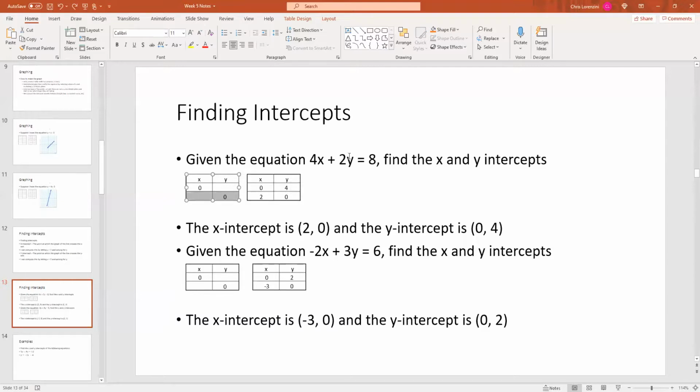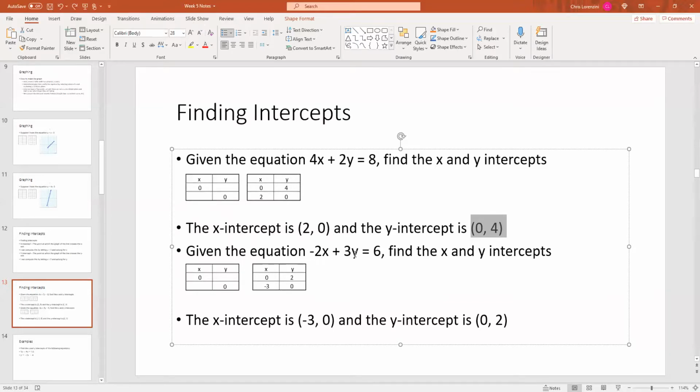When I let y equal 0, this term goes away because 2 times 0 is 0, and I get 4x is equal to 8. Divide both sides by 4, x is equal to 2, so the point 2, 0 satisfies the equation. So my x-intercept is at the point 2, 0, and my y-intercept is at the point 0, 4.